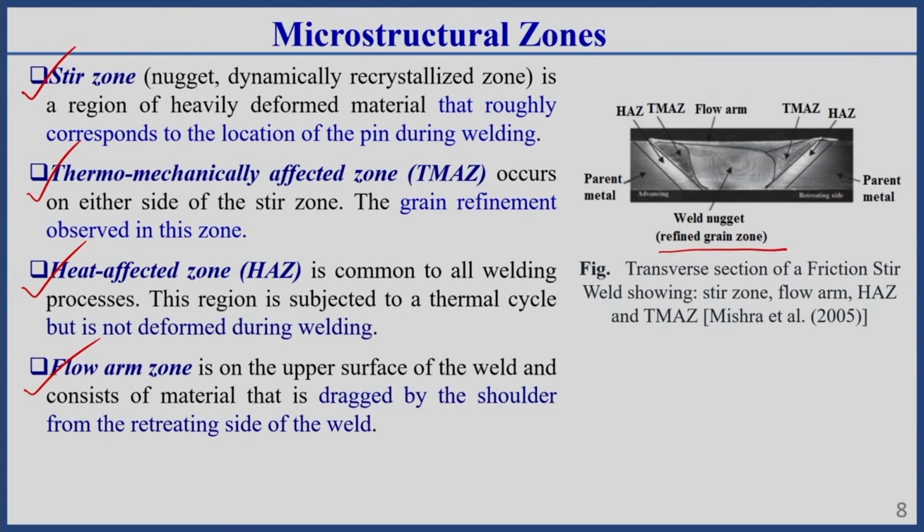Here you see this stir zone is the zone which generally corresponds to the location of the pin during welding. So, generally the pin is plunged. Okay. I am just drawing here, then it will be more clear to you. This is the tool shoulder. This is the tool pin.